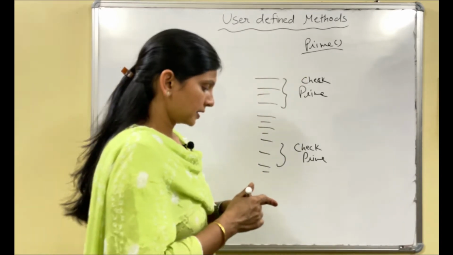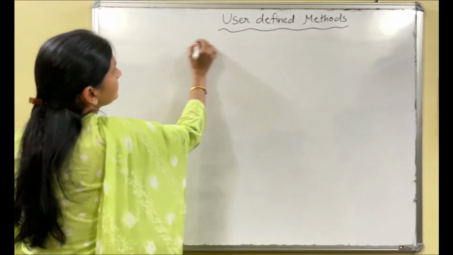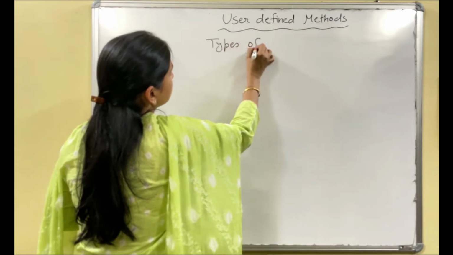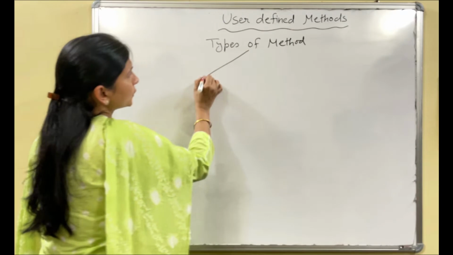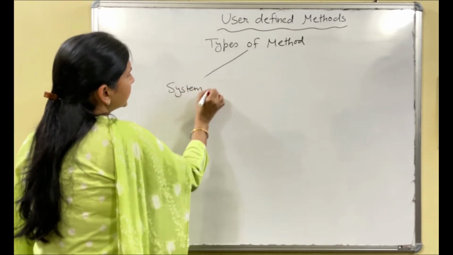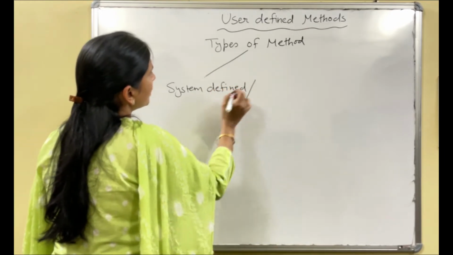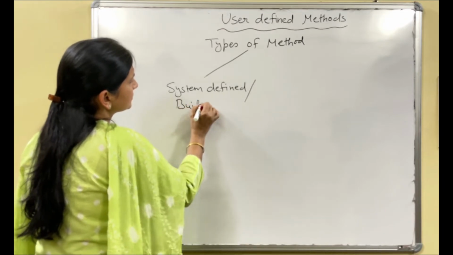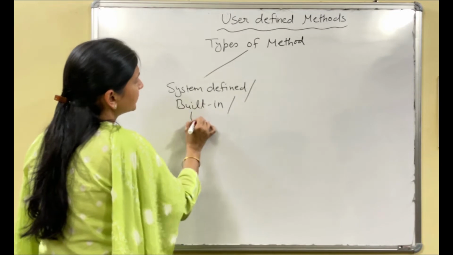So first we will see different types of methods. There are 2 types of methods. The first type is the system defined method, or you can say built-in method, or library method.